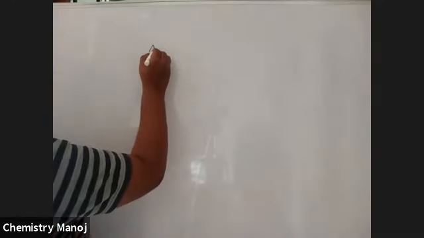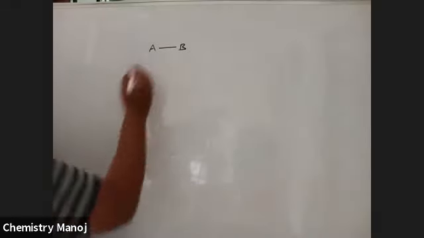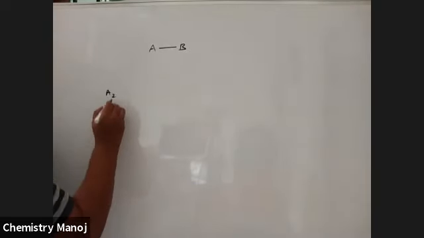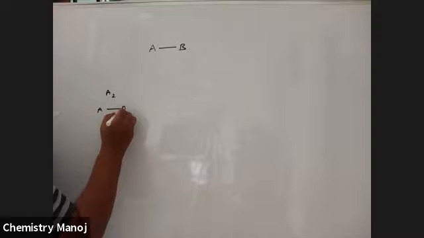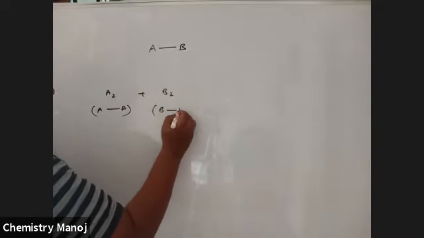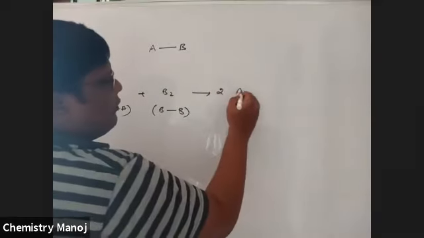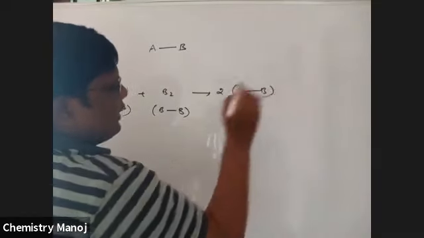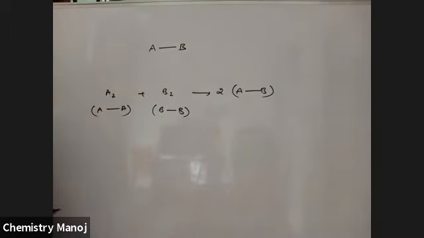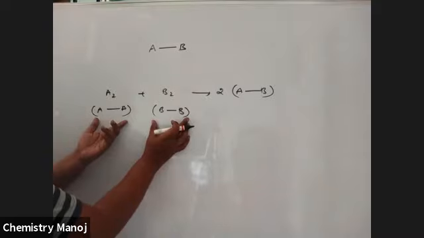So let us say there is a bond between A and B. How is this AB formed? There is an A2 molecule, that means there is a bond between A and A. There is a B2 molecule, that means there is a bond between B and B, which gives two AB molecules. There is a bond between A and B. That means the AB compound is formed by the combination of A2 and B2.